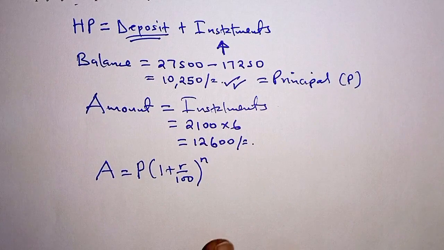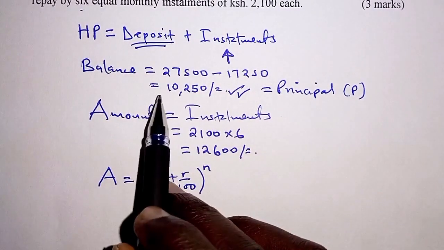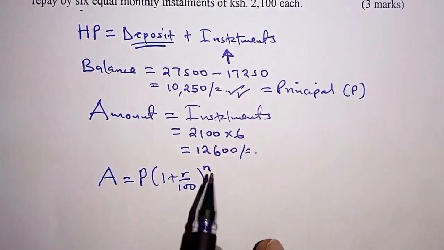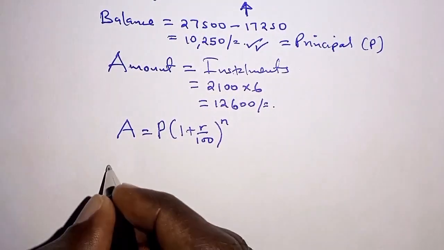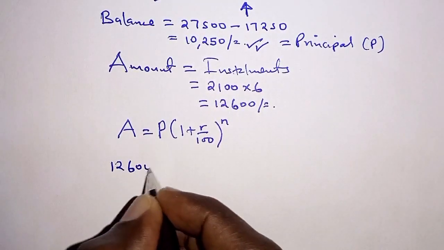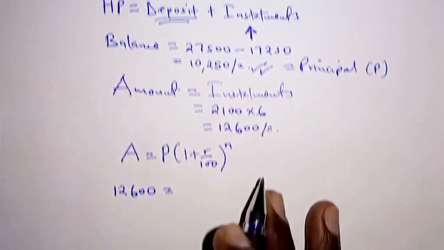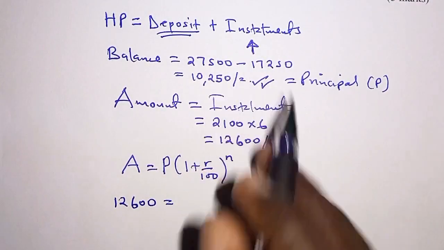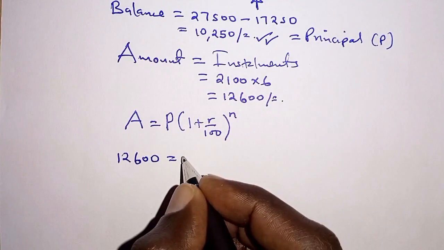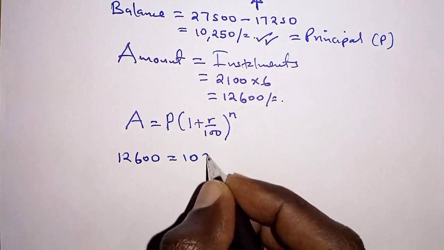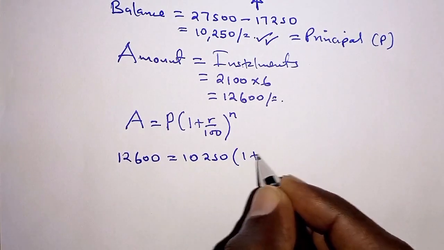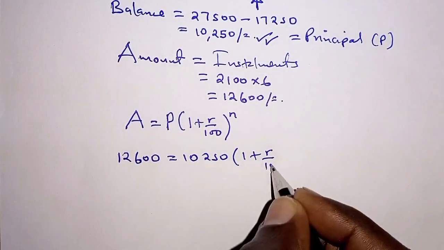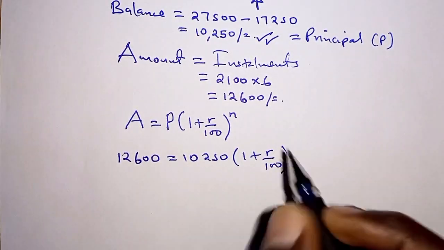So we're going to do substitutions. We have the amount, the amount is 12,600. Let's substitute here. 12,600 is equal to the principal, and the principal is 10,250, into 1 plus the rate, which we are looking for, raised to n.